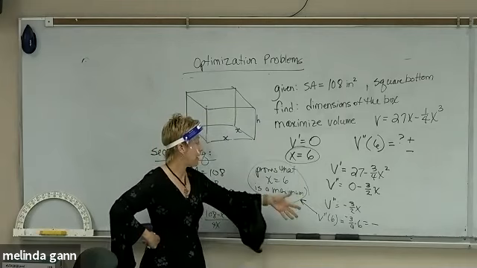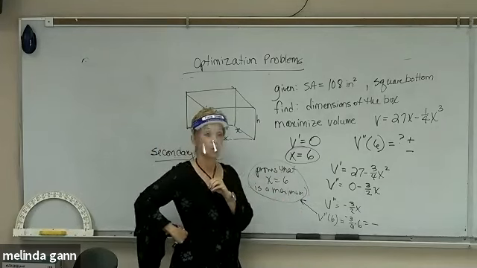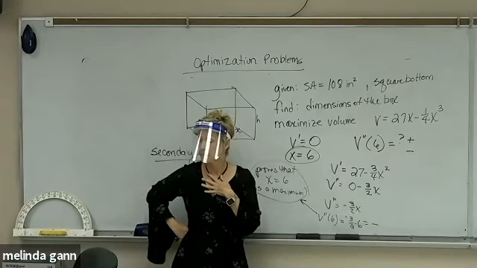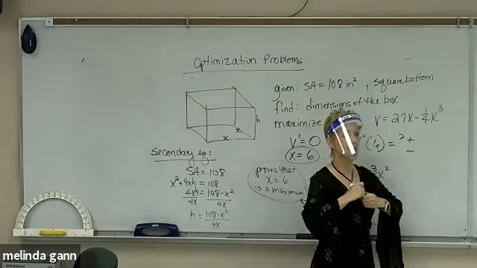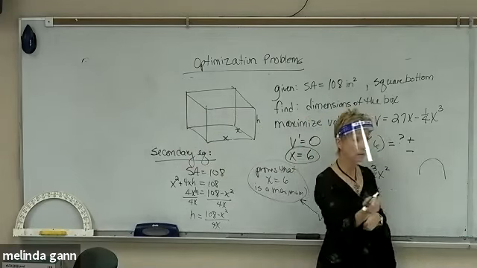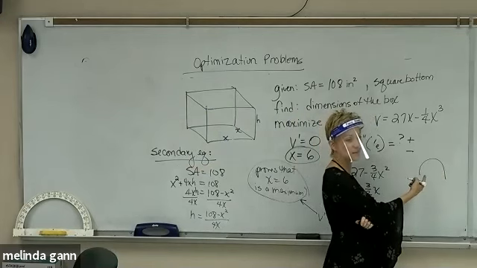Now, that seems backwards to people until you stop and think about it. What do we use second derivative for? Concavity, right? When the second derivative is negative, which way is it concaving, up or down? Down, right? If something's concaving down, would it have a max or a min?